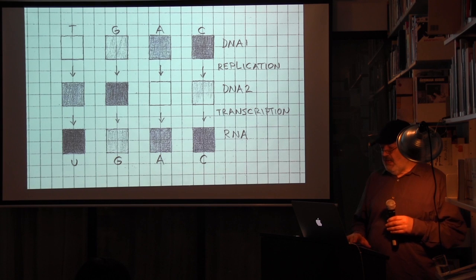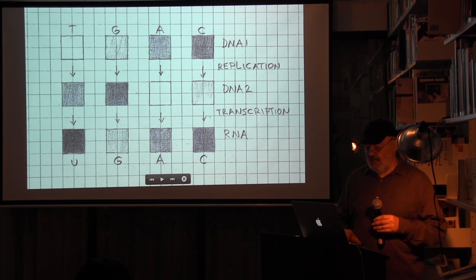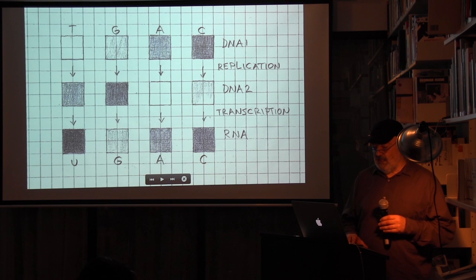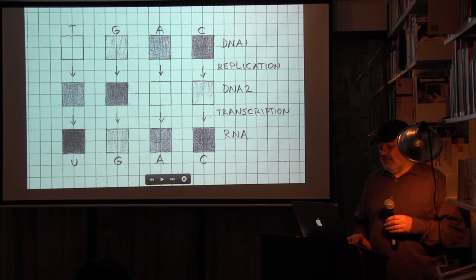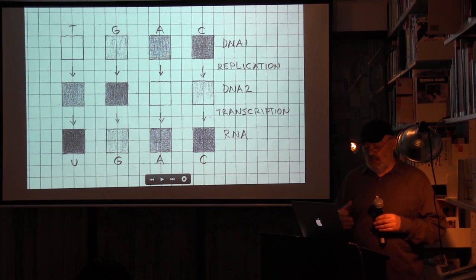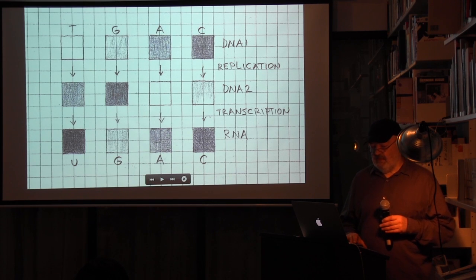Now, if this is a non-template, non-coding DNA part, and this is a coding DNA part, and this is RNA that is in fact taking the code, copying the code from the coding part, what we have here is that guanine would establish a base pair with a cytosine with a 50%, and then go back to guanine.